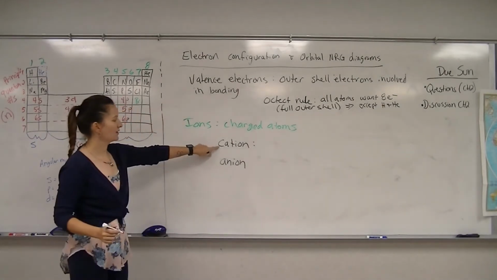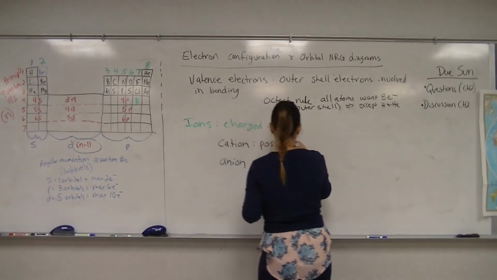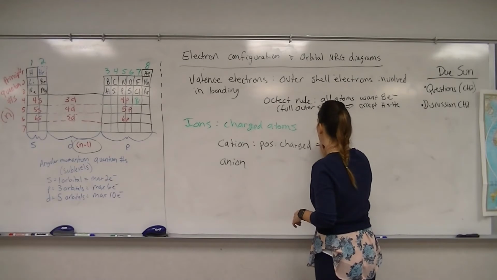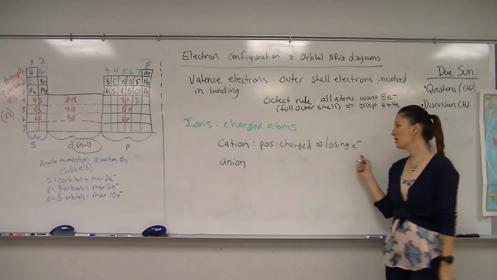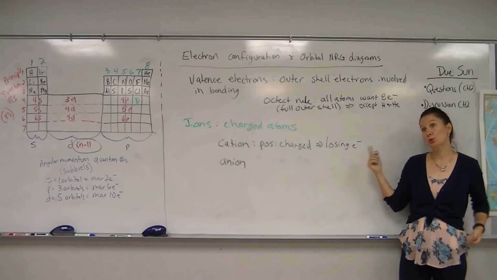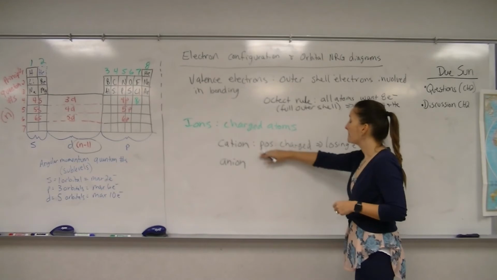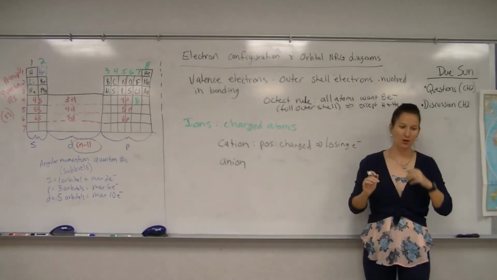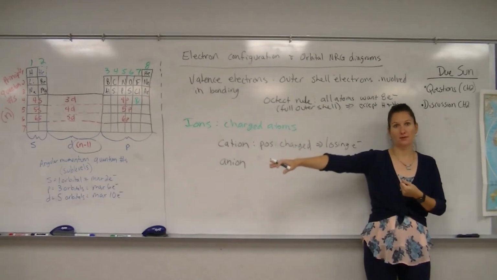A cation is a positively charged ion, and it is positively charged because it is losing an electron. Now I know that that's counterintuitive. Usually when you lose something, it's a negative thing, but what we're losing is a negative electron. So if you lose a negative charge, you yourself would be positive.